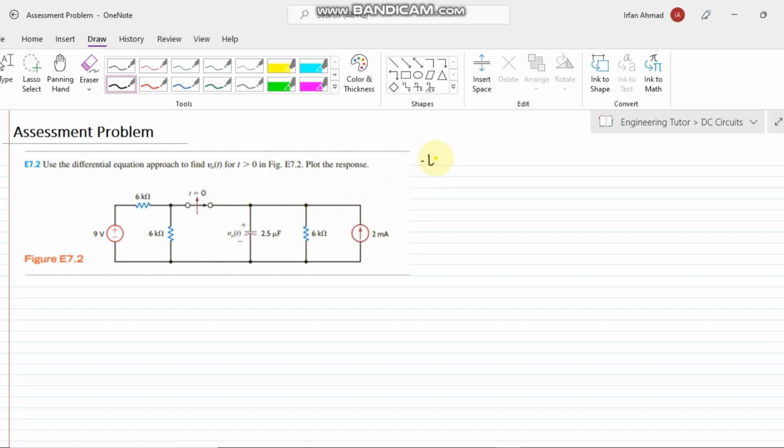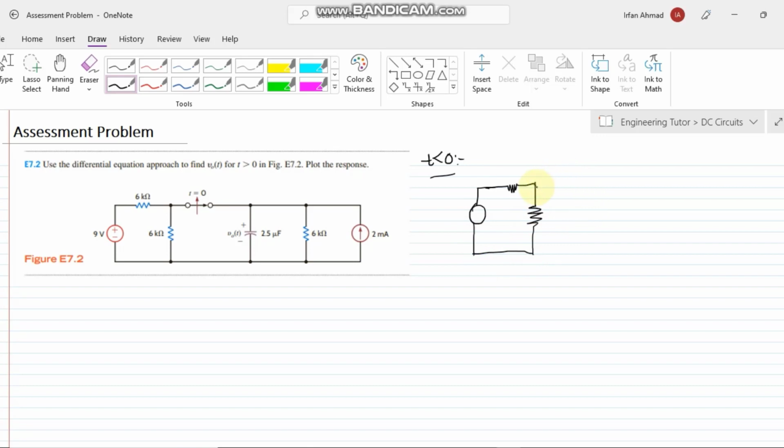Now for t less than 0, the switch is in the closed position, so the capacitor has reached its steady state. When it has reached its steady state, it will behave like an open circuit. So in order to draw the circuit, it will be like this one.